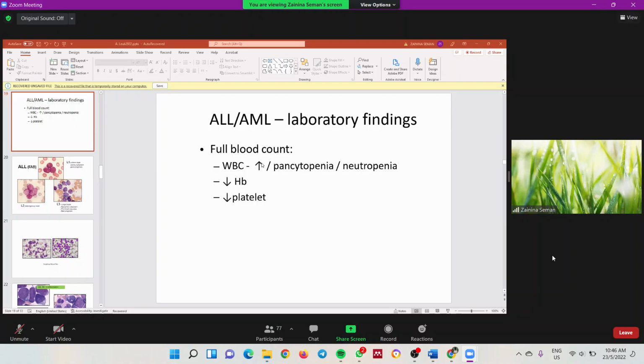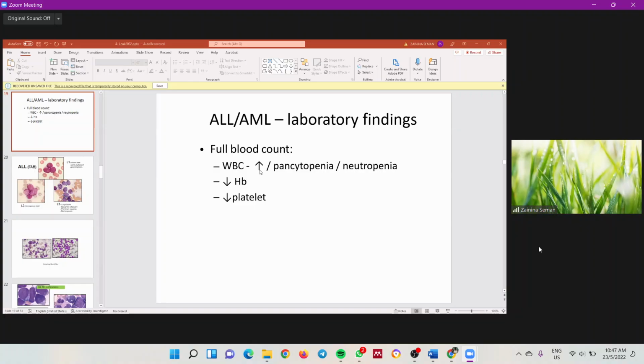So the machine wrongly counts all the immature cells, most likely the lymphoblasts or myeloblasts, into the white cell count. If you look into the principle of the full blood count machine, it has different channels to count the white cell, the Hb and the platelet. So whatever the nucleated cell, it goes into the white cell channel.